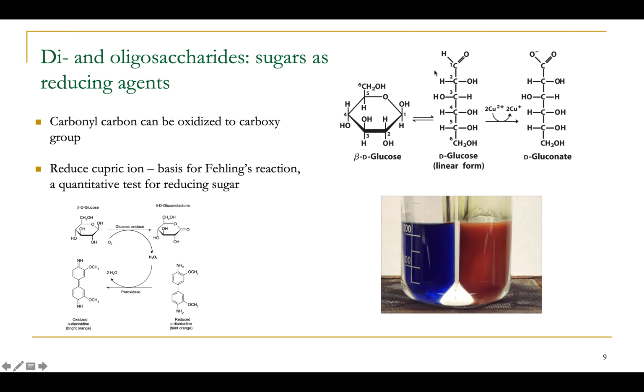The carbonyl carbon in monosaccharides can be easily oxidized, for example, by copper plus 2 ions.